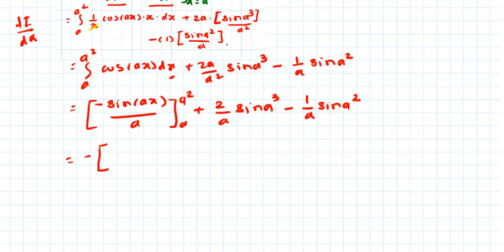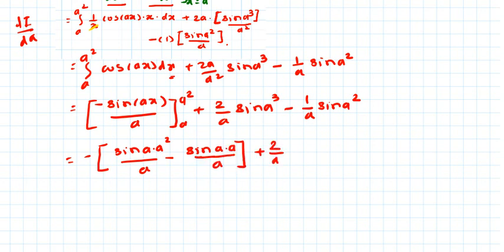x is equal to the upper limit, so this will be sine of a into a square upon a, minus, put x is equal to the lower limit, sine of a into a upon a, complete bracket, plus 2 by a sine of a cube minus 1 by a sine of a square.